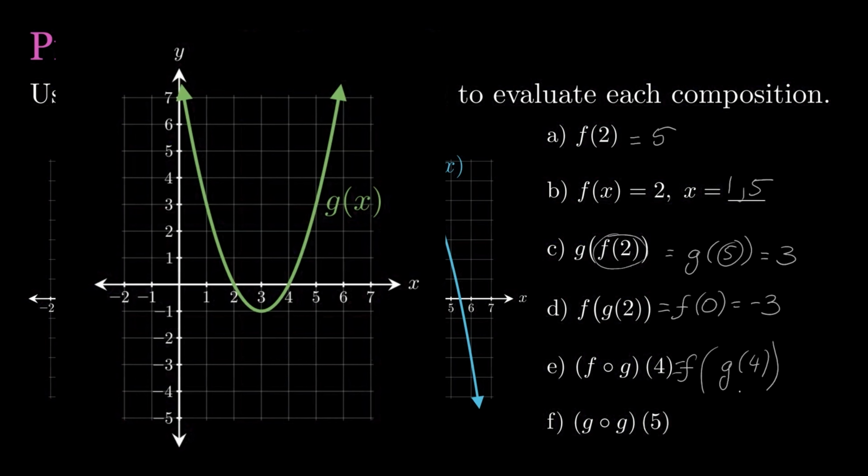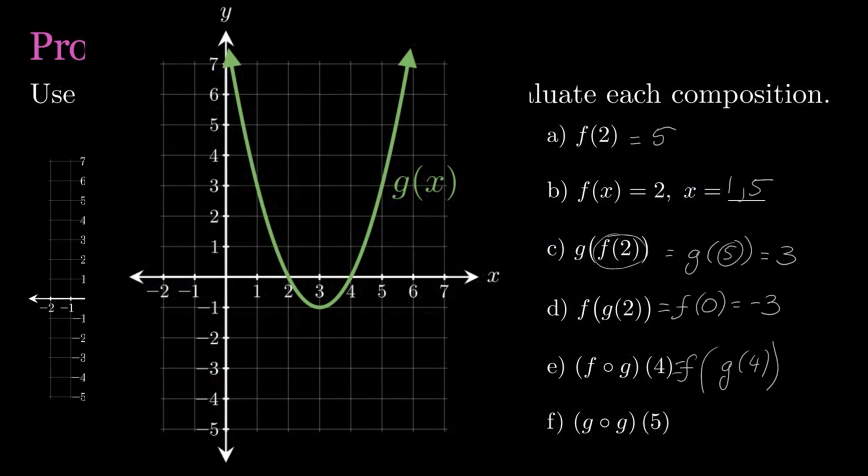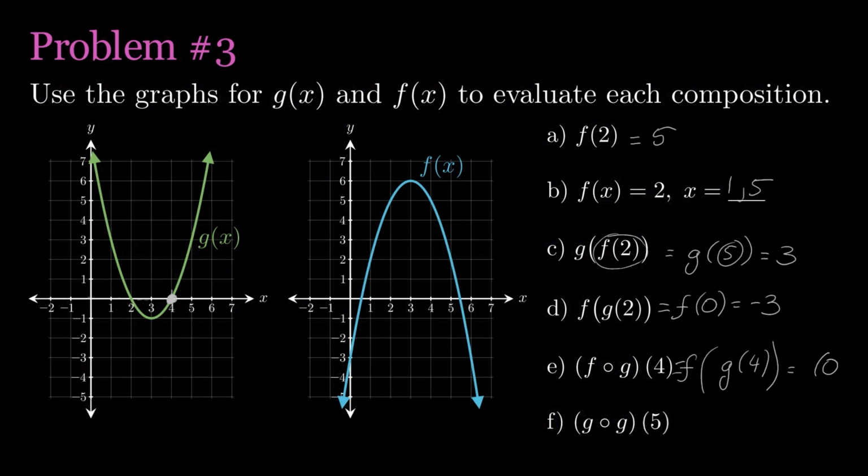So starting with g of 4, on the graph for g of x, we look for the point whose x-coordinate is 4, and that point is right there on the x-axis, and identify its y-coordinate, which of course is 0. So 0 is g of 4, 0 is the input to which we apply the function f.